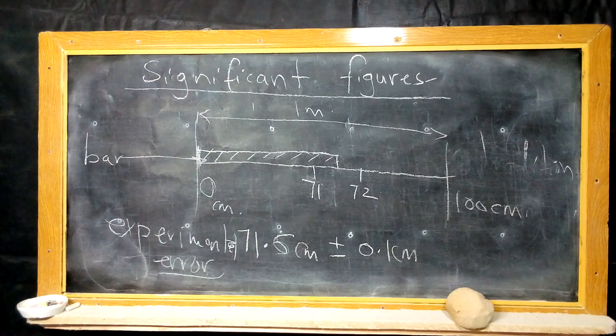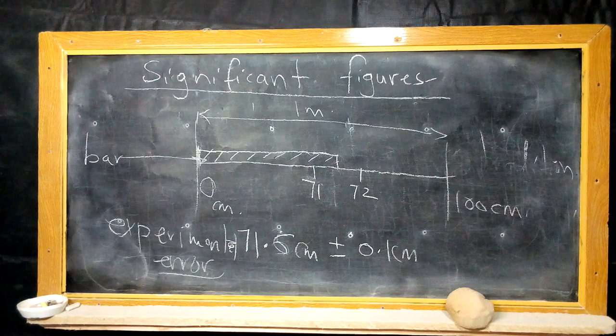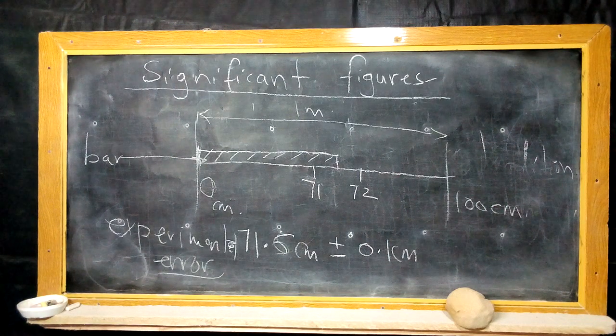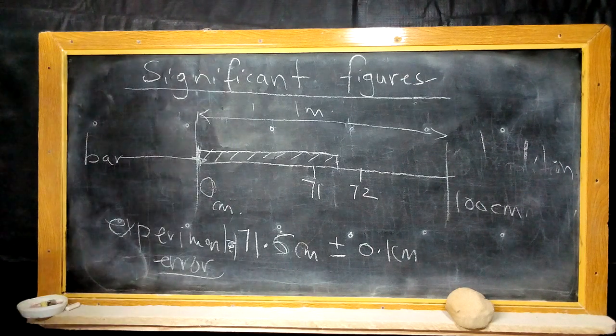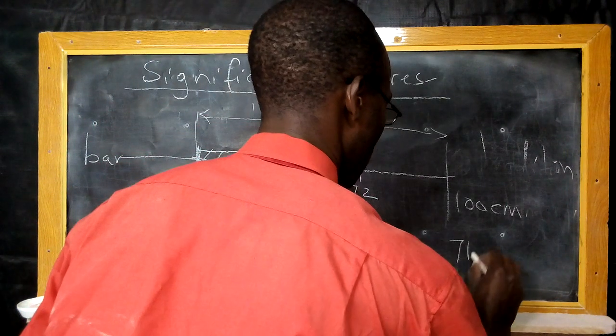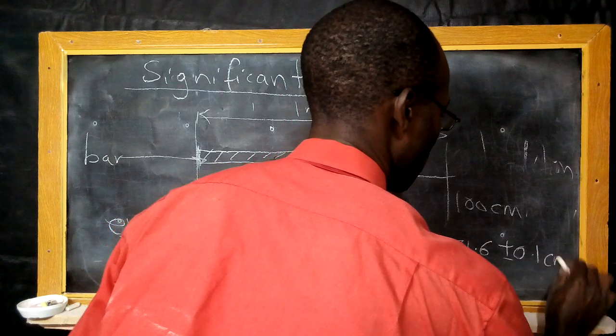This is an experimental reading which includes the uncertainty, because when we make a measurement, we cannot be certain that it is accurate, and it will always bear some kind of uncertainty. So this measurement will be 71.6 plus or minus 0.1 centimeters.